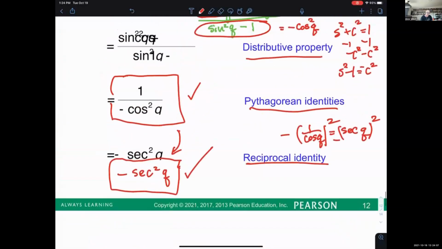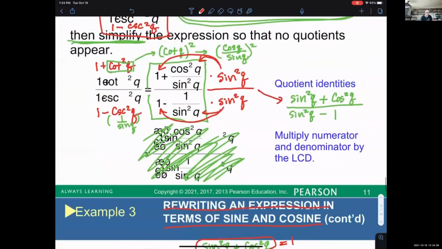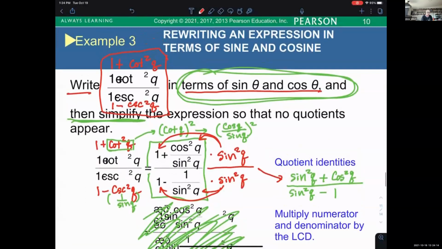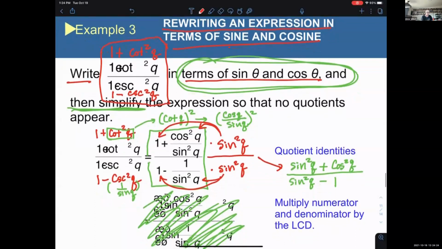So this last example, let's just take one overview of this again, see if there are any questions. It says to rewrite the expression in terms of sine and cosine, then simplify the expression so that no quotients appear. So we started by replacing all non-sine cosine trig functions in terms of sine and cosine. That left us with a big, ugly, complex fraction.